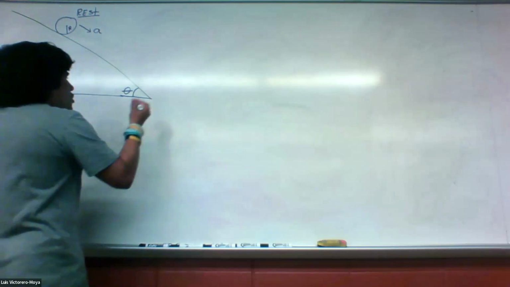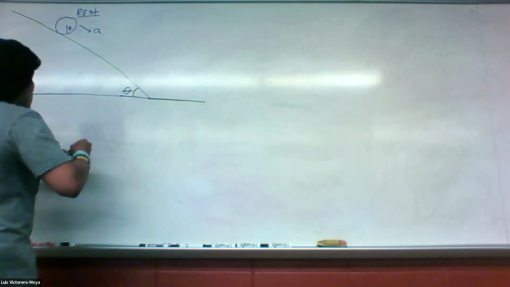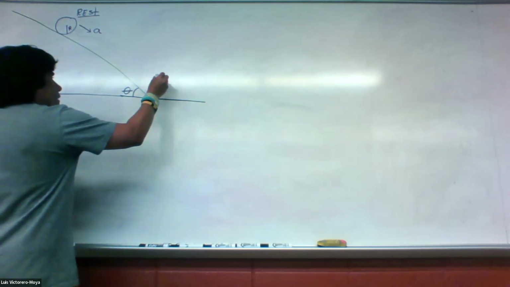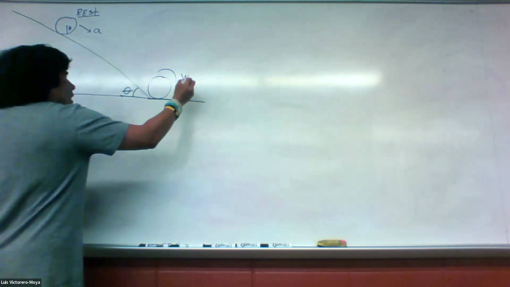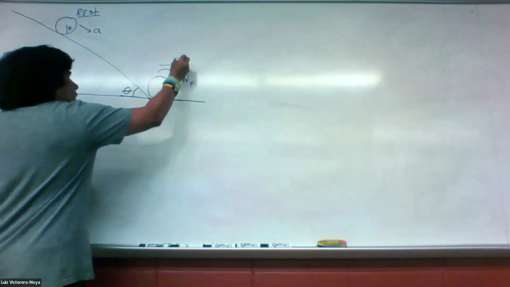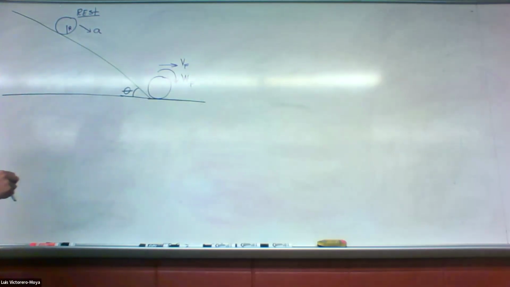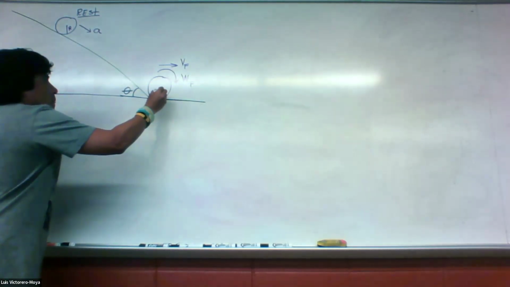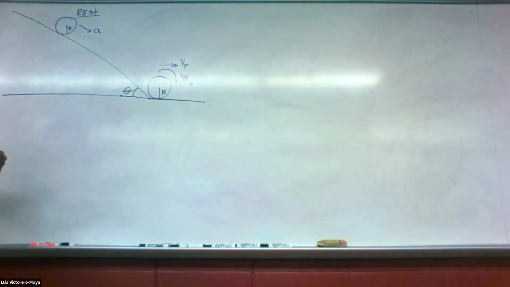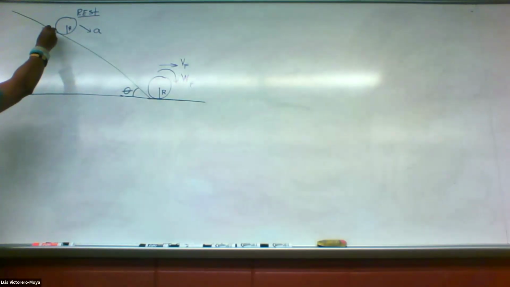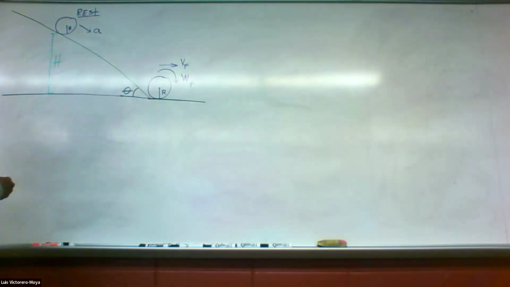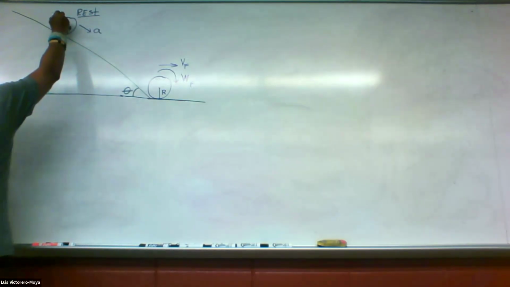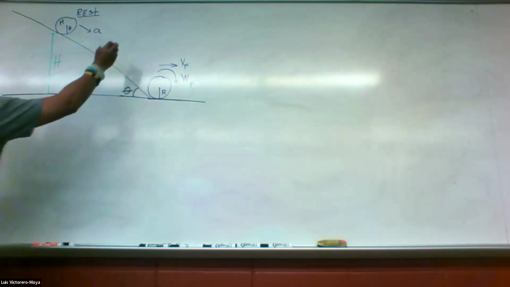It's eventually going to reach the ground with some angular velocity and, of course, some translational or linear velocity. Let's say that the ball started from a certain height h. It has some mass m, and of course, we have gravity.